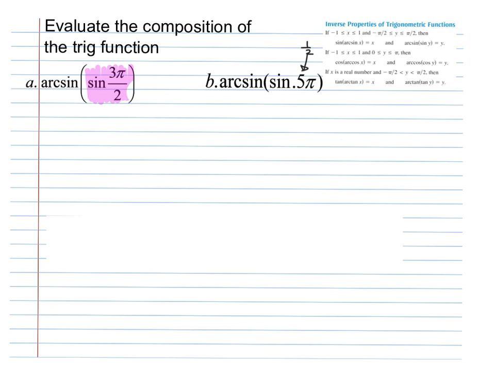Okay, just like the previous, let's draw a quick picture so we understand where this is located. We know that this is pi over 2, this is 2 pi over 2, and this is 3 pi over 2. That means this is where 3 pi over 2 is located. And we know that at that point, our ordered pair would be 0, -1.